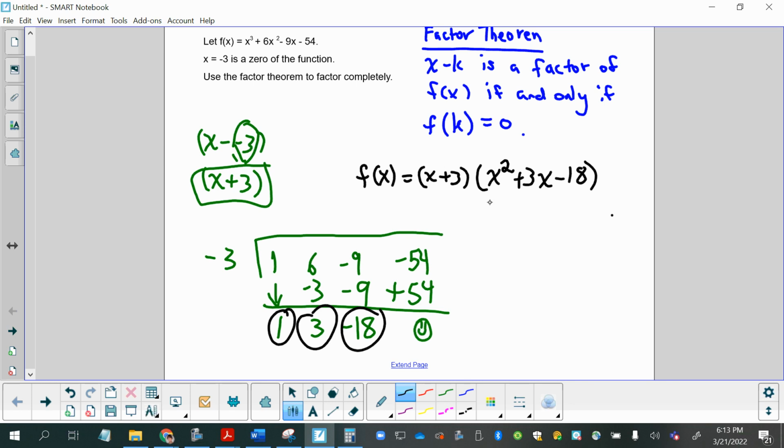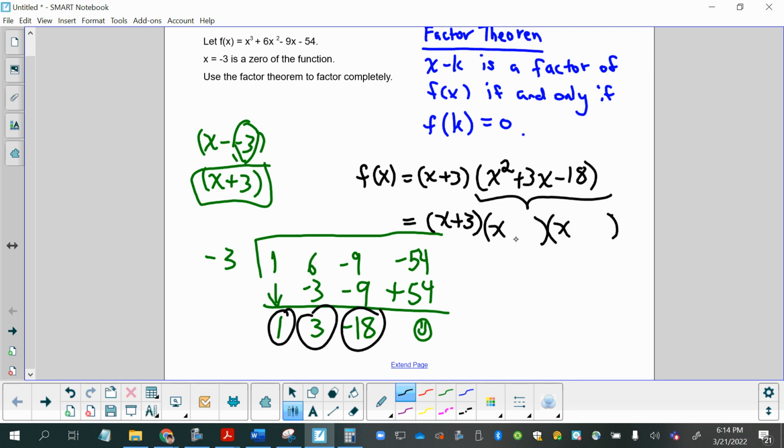So luckily, we know how to factor quadratics. So this one is nice because we only had to do synthetic division once, and now we will just use the skills we know for factoring a quadratic polynomial. And so hopefully from previous lessons, this part is just a review. And what we see is a -18 as the last term.